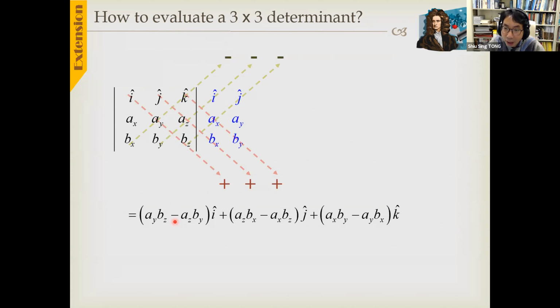So here I have negative AZ BY I. Okay, and so similarly for the J component, here I have AZ BX with a plus sign, and then I have AX BZ with a minus sign. So I got this term. Okay, and also I can do it for the K component. That's how you memorize it. Okay, now let's stop here. I have gone too far.